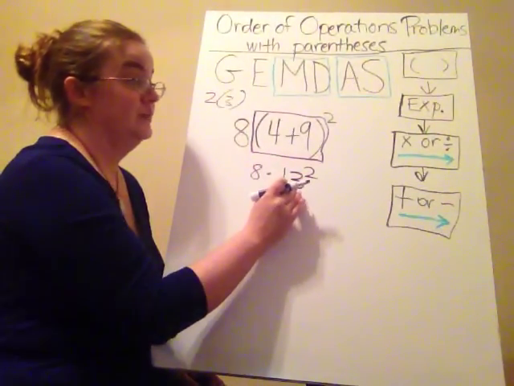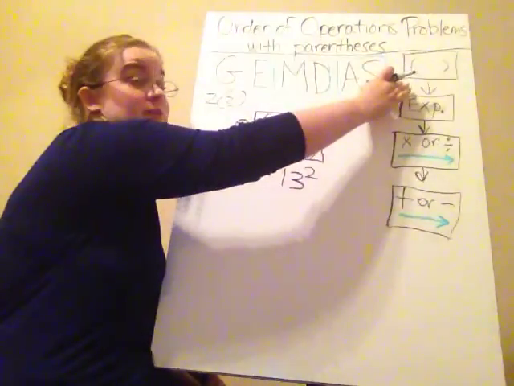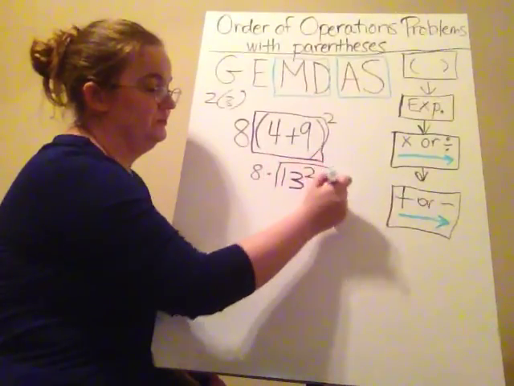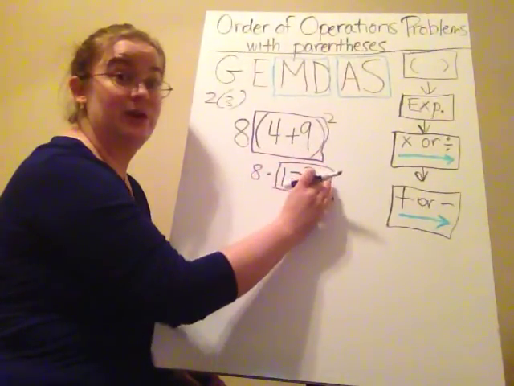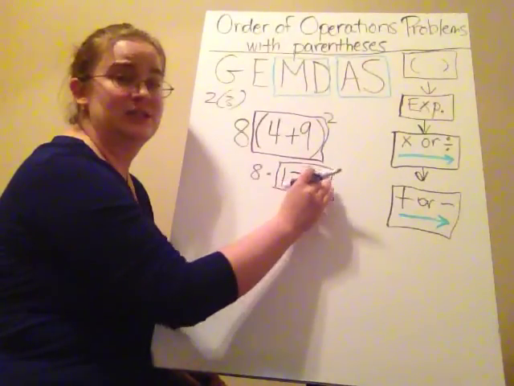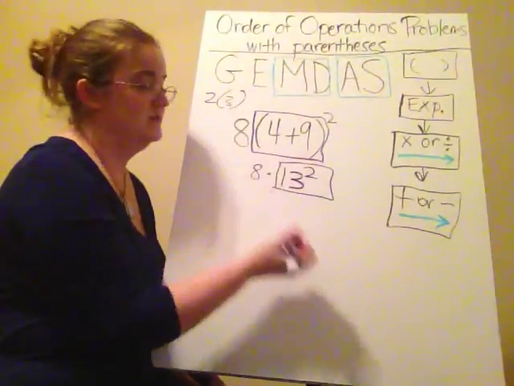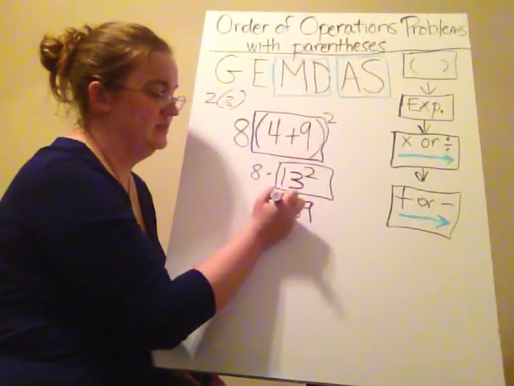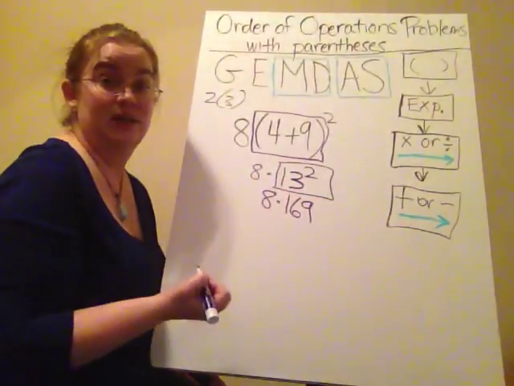Alright, so I've gotten rid of my grouping symbols, I'm going to deal with exponents. Well, my exponent, 13 squared, remember that means 2 13s multiplied together. So 13 times 13, if you don't know that, you can do it off to the side. And 13 times 13 is 169 times 8.